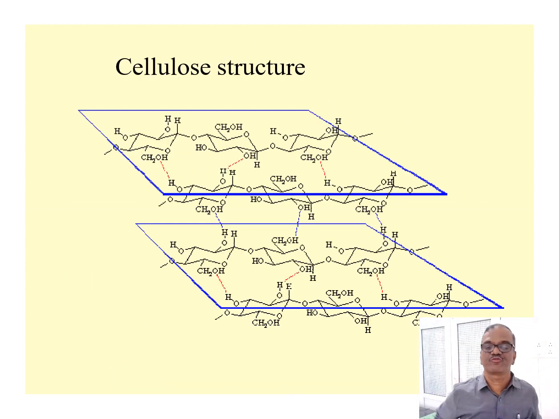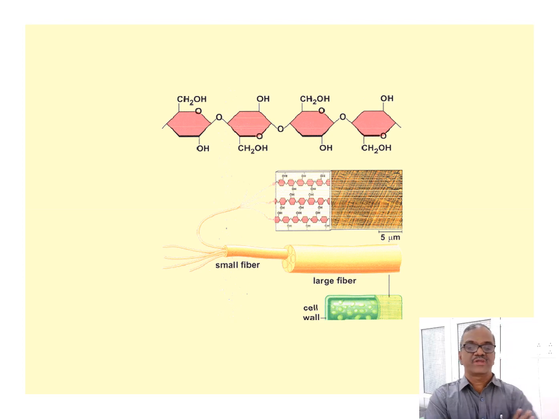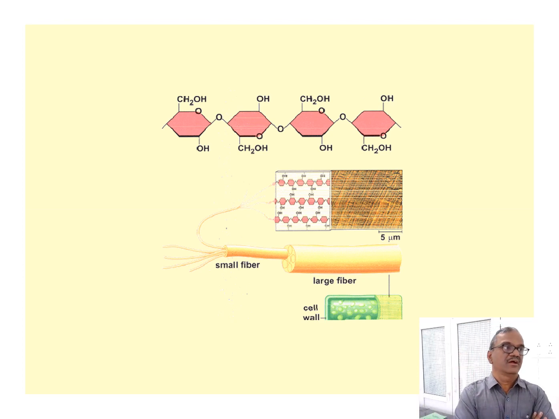Okay, this is in the reverse orientation. The cellulose structure is in the reverse orientation, 1,4 linkage. Just in this diagram, it is very clear. You can see the first layer, how it is.